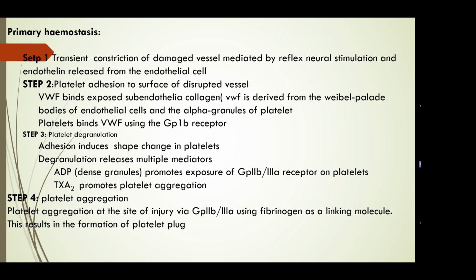So the process of the platelet adhering to the ruptured vessels makes it change shape, and this change in shape causes it to be activated. The activated platelets will then release some mediators that will help in blood clotting.